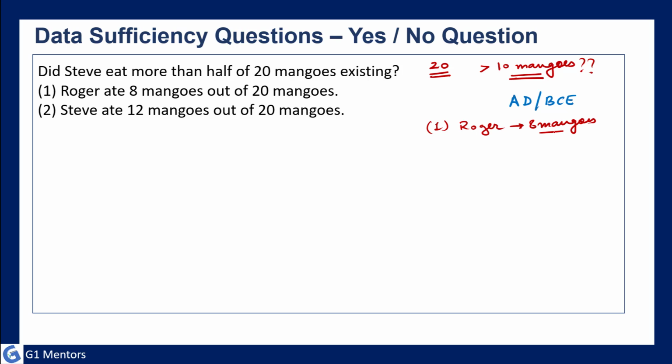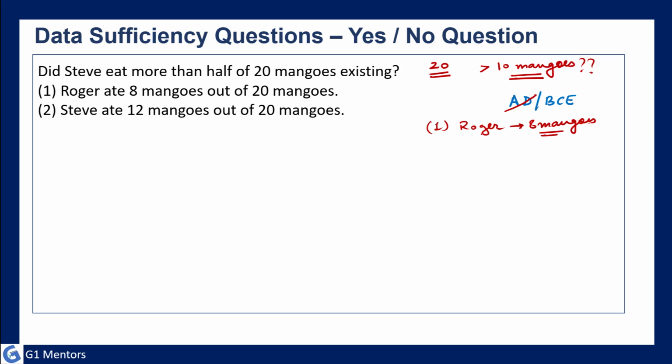Most people think that Roger ate 8 mangoes, so Steve must have eaten 12 mangoes, so it's an answer. However, it is not given that there are only Steve and Roger, or only 2 people to eat mangoes. So statement 1 alone is not sufficient to answer the question.